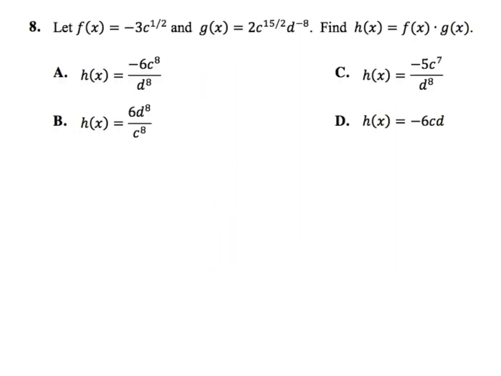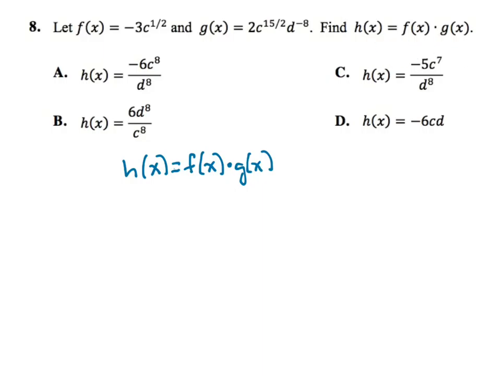Okay, number 8. Let f of x equal this expression and g of x equal this expression. Basically, we have expressions that we're plugging in and we're treating these like variables. Find h of x equals f of x times g of x. So we're just going to plug in these expressions for these functions, find out what h of x is. So there's h of x.